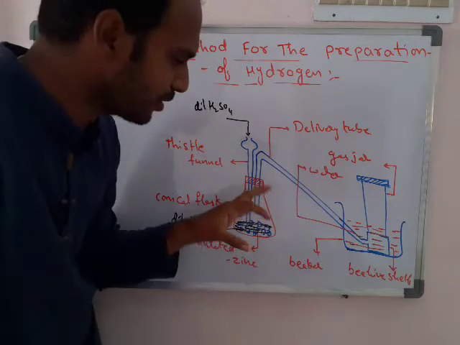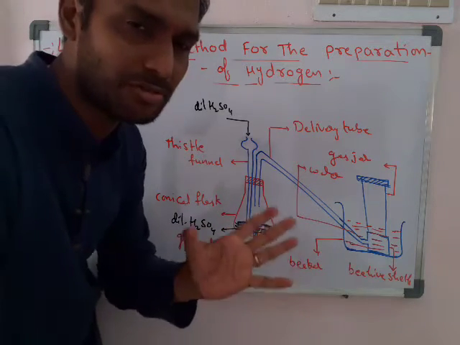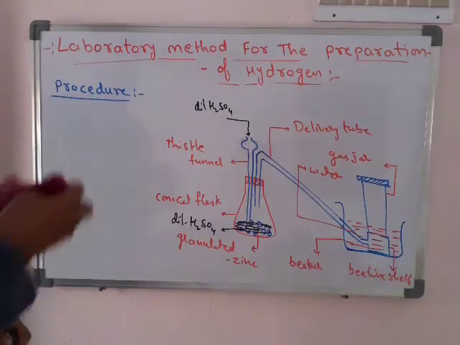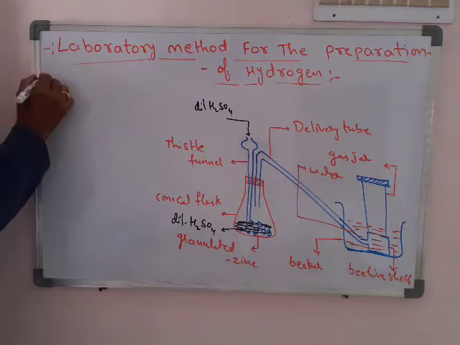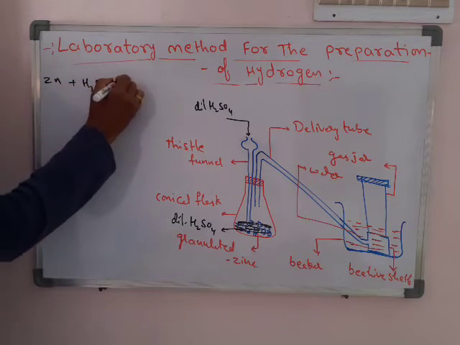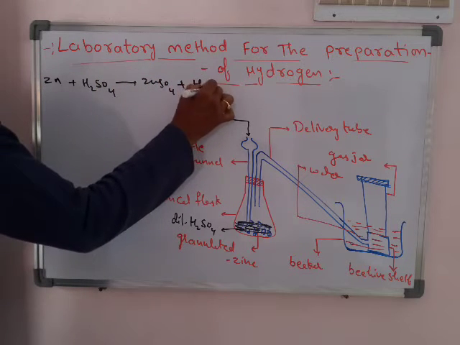Okay, so when we mix like this, slowly the reaction takes place. Already we know what reaction takes place. The reaction is zinc plus dilute H2SO4 forming a soluble salt, zinc sulfate, plus H2 gas.